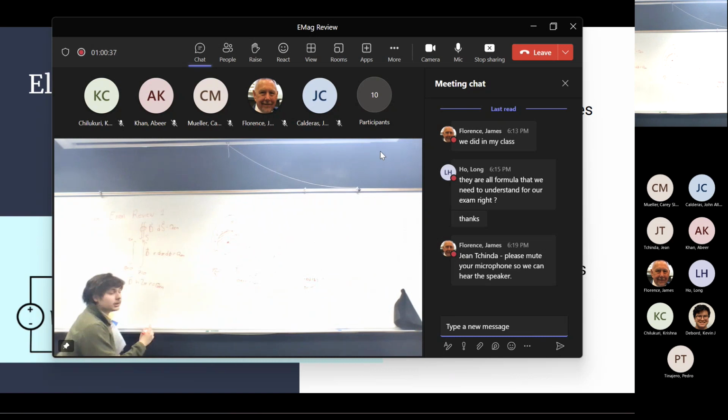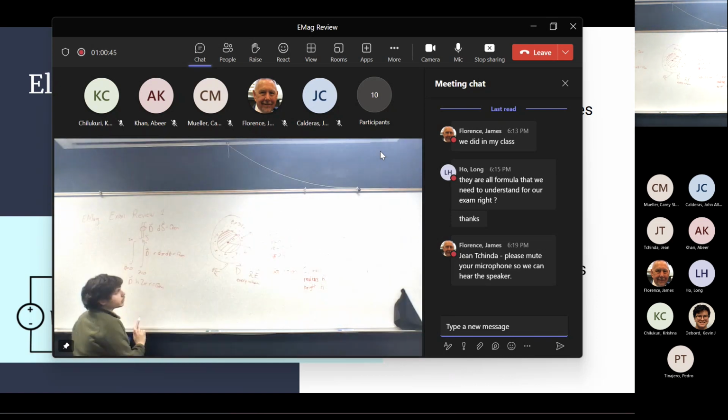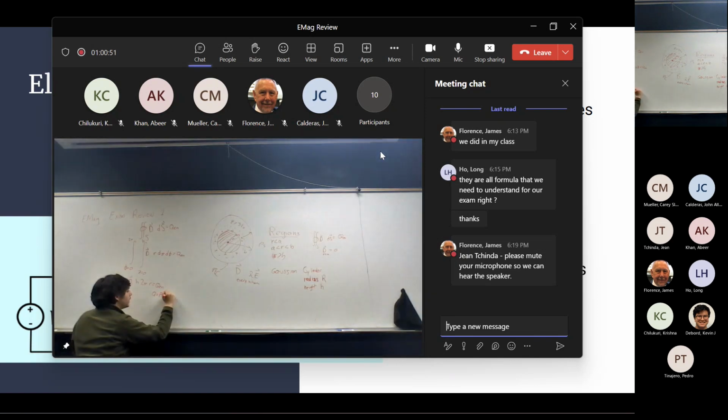Now let's look at this charge enclosed on its own. We have our surface charge density, rho s. So the charge is equal to rho s times the surface area, just call it A. The surface area of the side of a cylinder is what we're interested in.